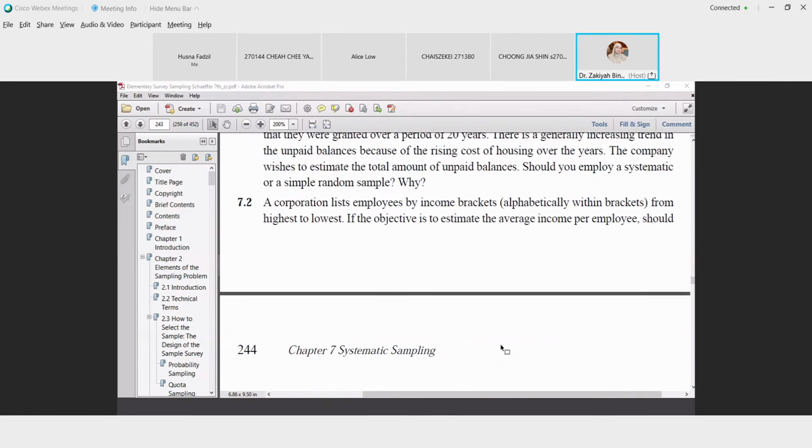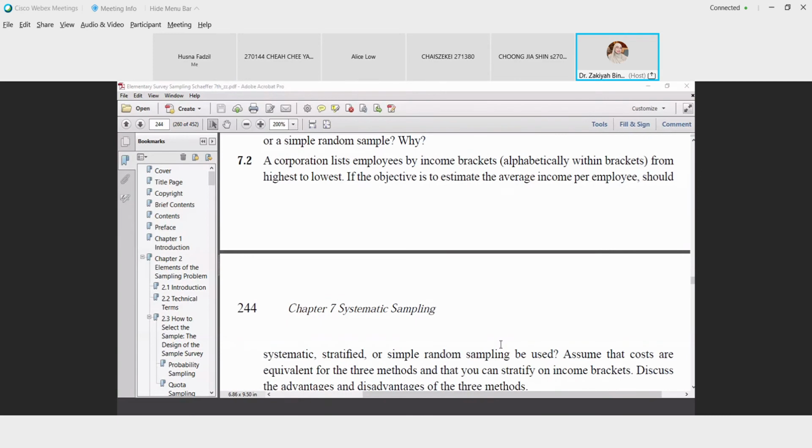Estimate average income per employee, using systematic, stratified, or SRS. Maybe we should start doing this, huh? Okay. Are you from A3? Why are you saying that systematic is most suitable? Another person from A3 can answer.